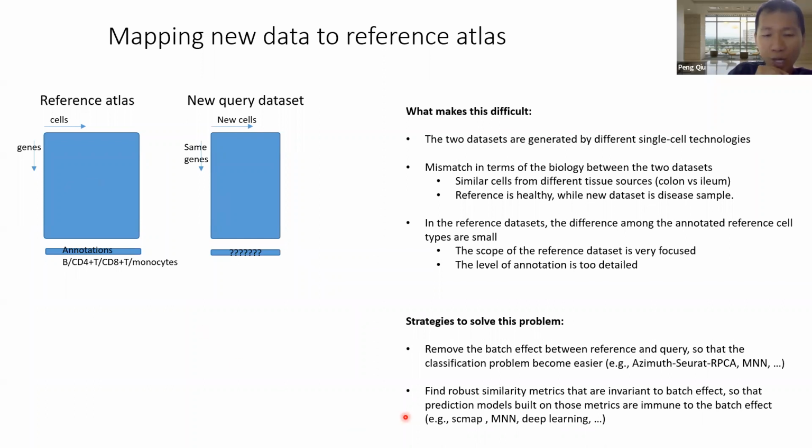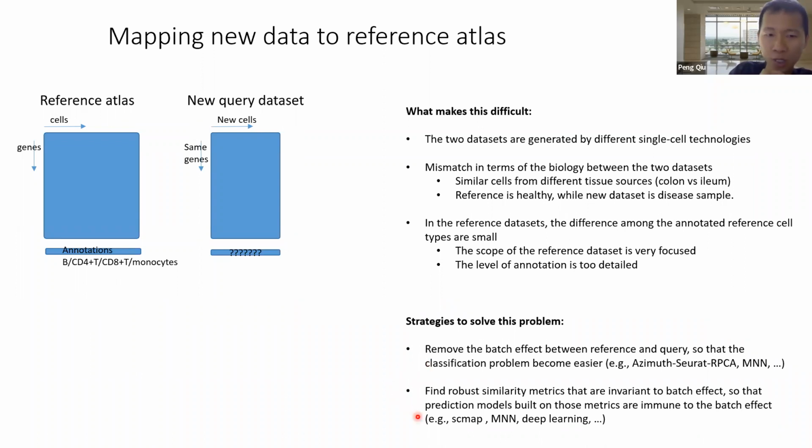Actually, if you think about these two approaches, integration to remove batch effect or identifying invariant similarity metrics that are not afraid of batch effects, I think they are fundamentally the same mindset, because if we can find invariant similarity metrics, then we can use them to remove batch effect, and vice versa.